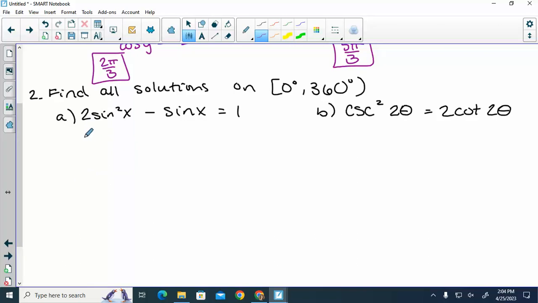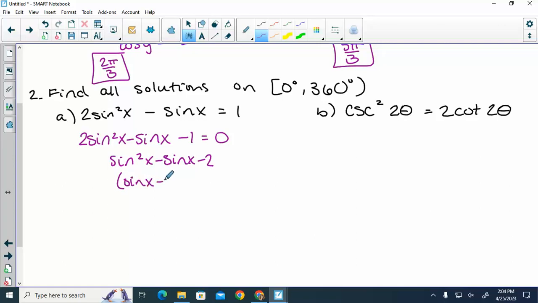Number 2, what would I do first? And then what? So we get sine x minus 1, and 2 sine x plus 1.